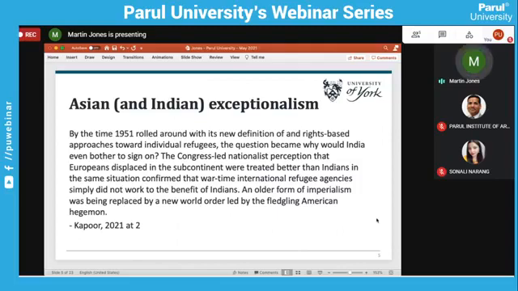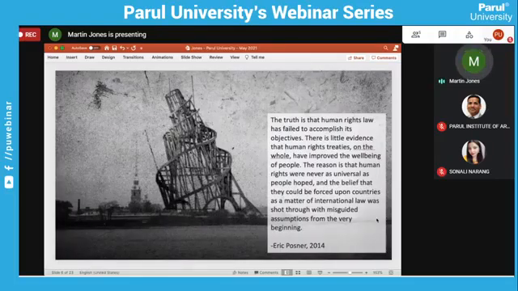But in any case, the bigger problem here is the broader critique of human rights law raised by people like Eric Posner. They look around the world now, 70 years after the Refugee Convention, arguably a similar amount of time since the formation of the international human rights regime, which is of a similar vintage.